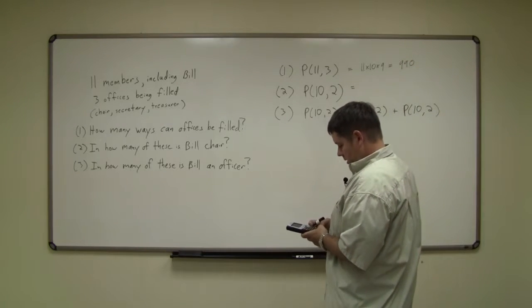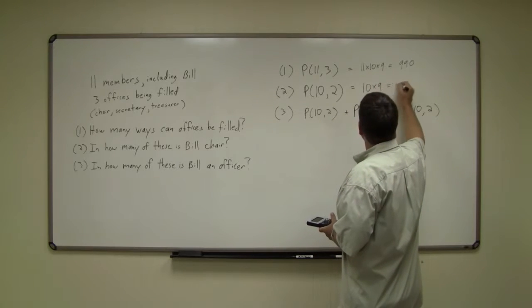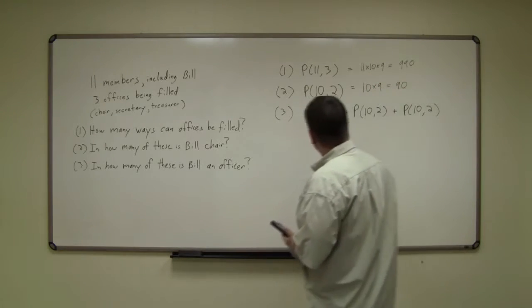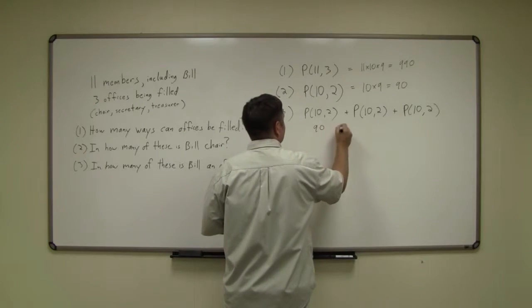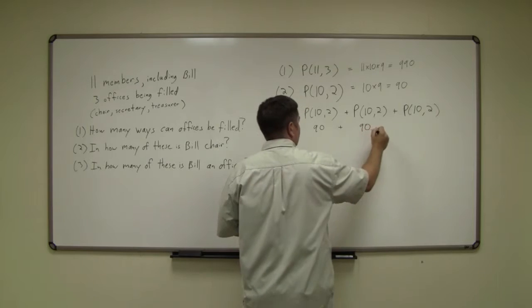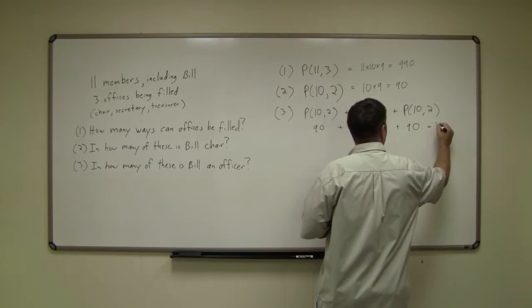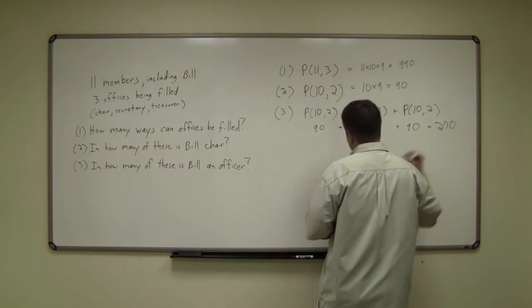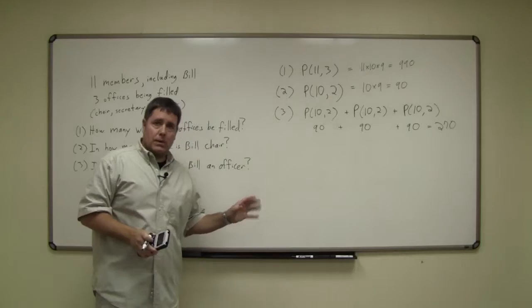Here we would get 10 times 9, which is 90. And then for the third one, this would be 90 plus another 90 plus another 90. That would be 270. All right, so this is how to do this with the permutation notation, the P notation.